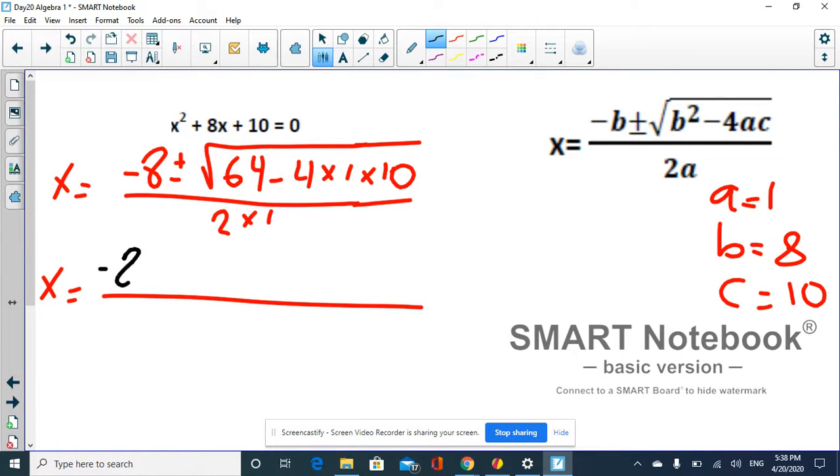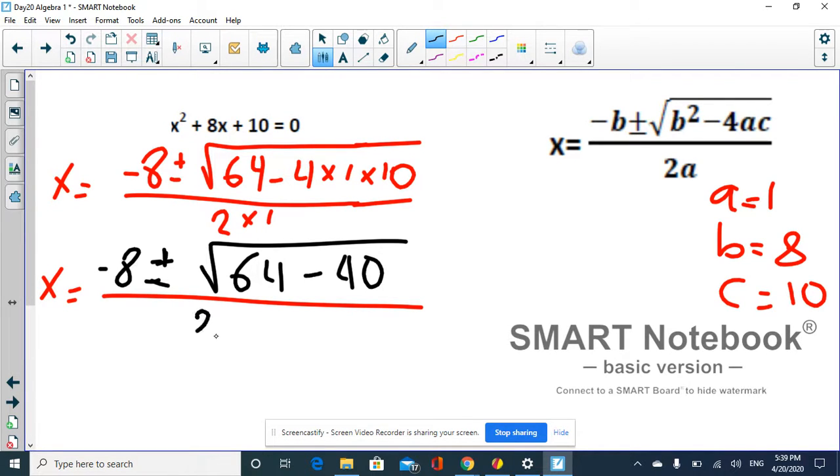Negative 8 plus or minus the square root of 64 minus 4 times 1 times 10. 4 times 1, 4 times 10, 40, over 2 times 1, 2.